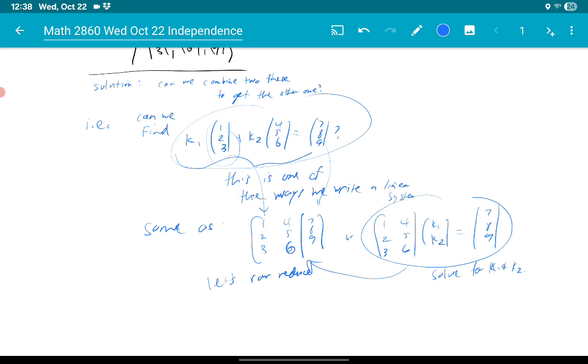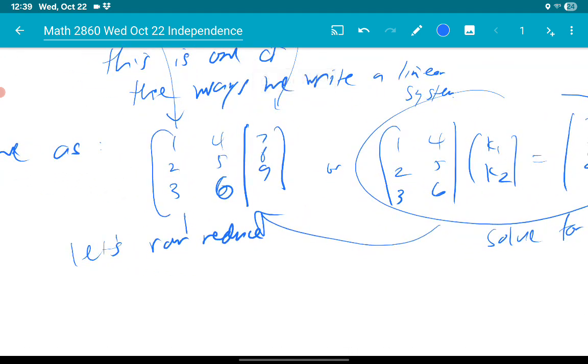If no solutions to this system, then it's independent. The set must be independent. We have yet to discover that. We have to try to solve this system.